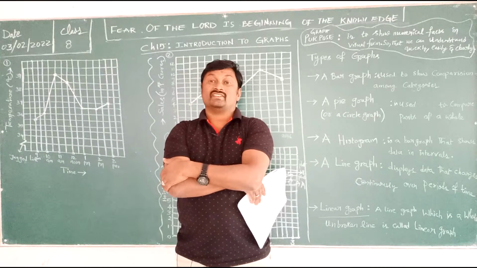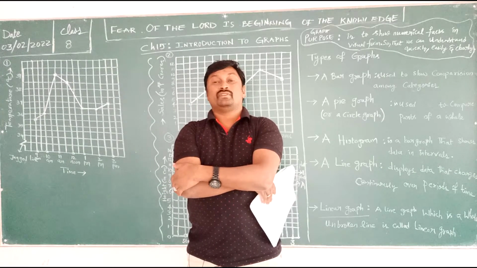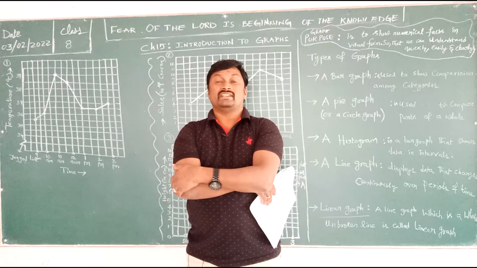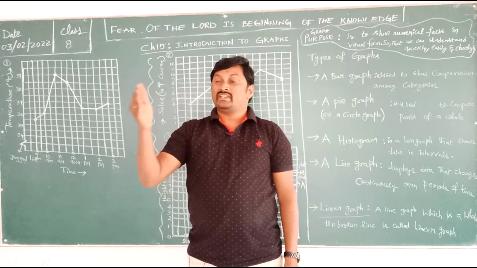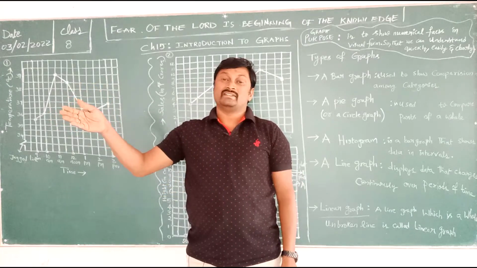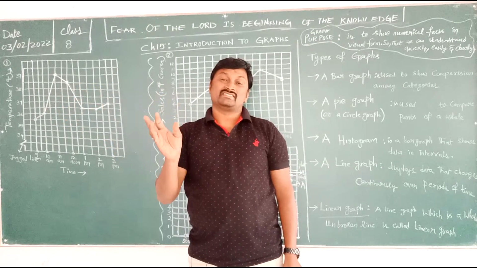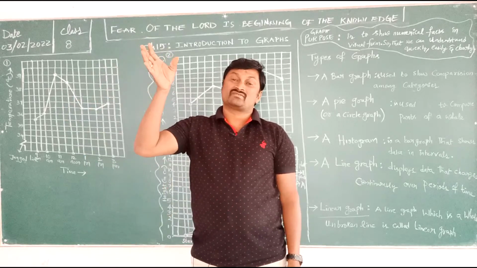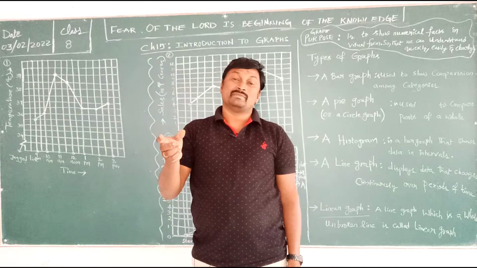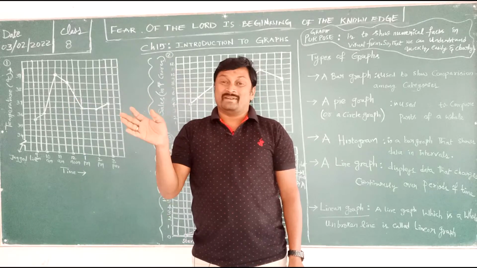Okay, so if that's true, here is what we are going to learn today. In that chapter you found the pictograph. If you represent data in picture form, that is called a pictograph. And if you represent it in bar form, that is called a bar graph. Bar is not some other bar, okay?